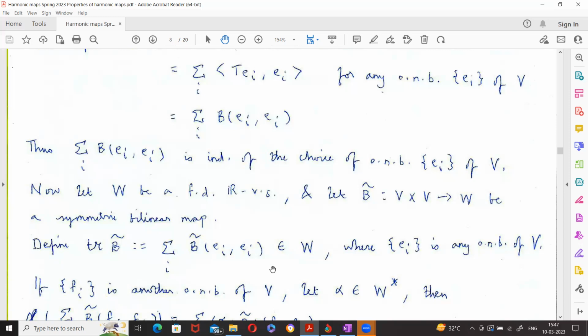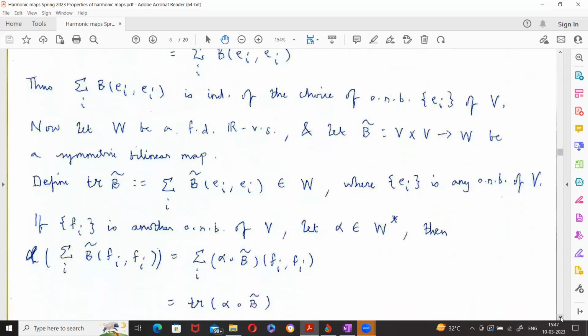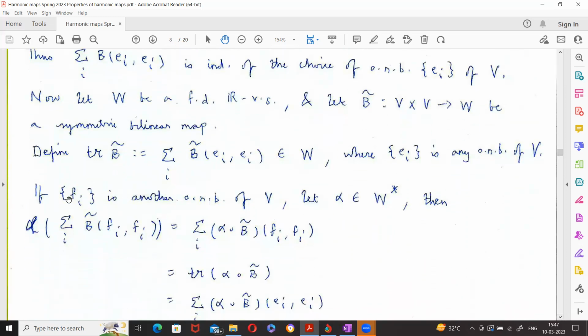So what you have to check is that this is independent of the choice of orthonormal basis. That is not hard to see. If I take any other orthonormal basis f_i of V, what you can do is take an element alpha of the dual of W, in W star.